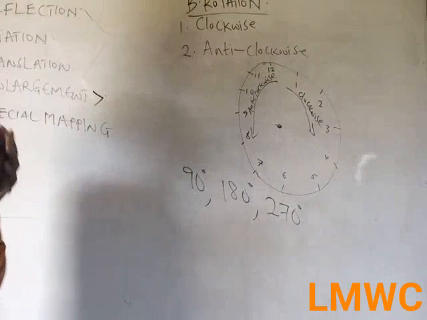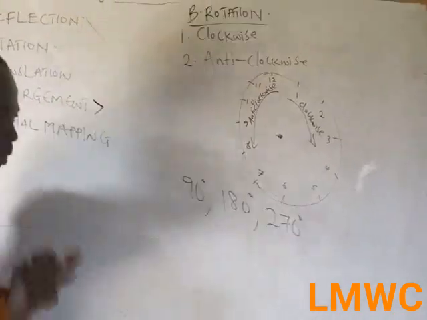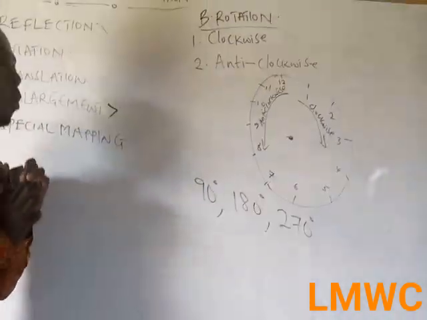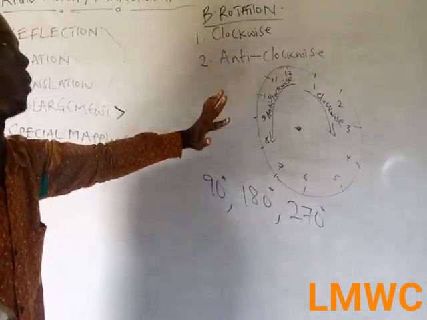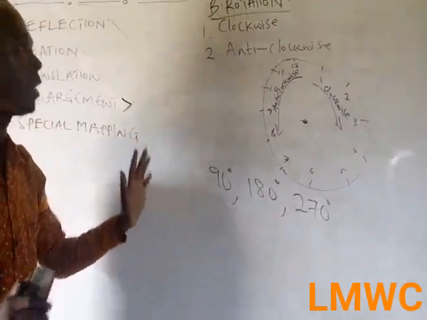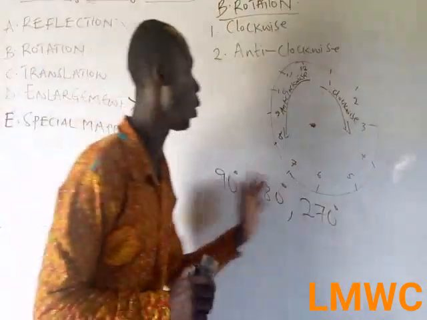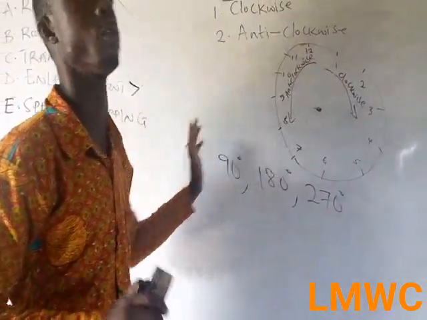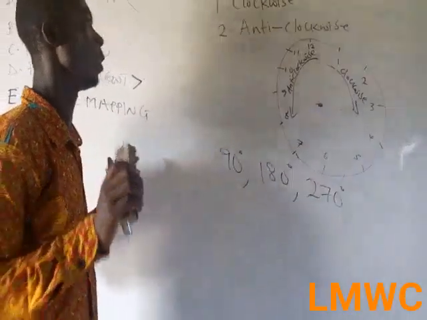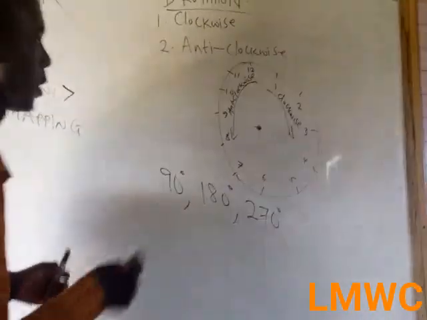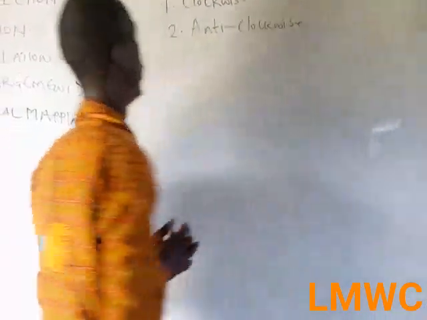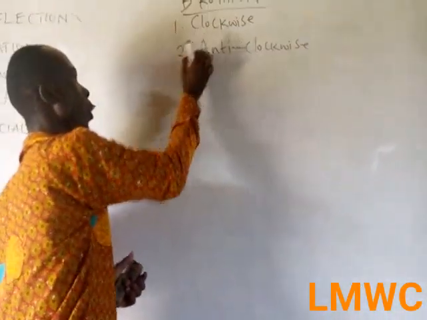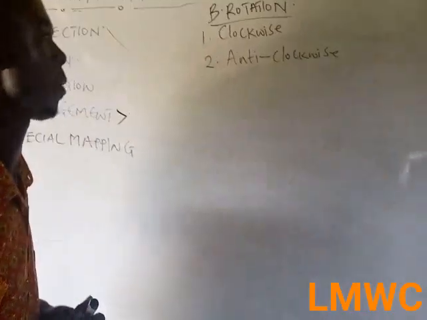I will use a nice table to explain the formulas for clockwise 90. All this, I'm going to use a table, but please get the understanding of clockwise and anti-clockwise for me. I believe students, you have understood it. So, for my table, if we take clockwise and anti-clockwise in alphabetical order, what comes first?